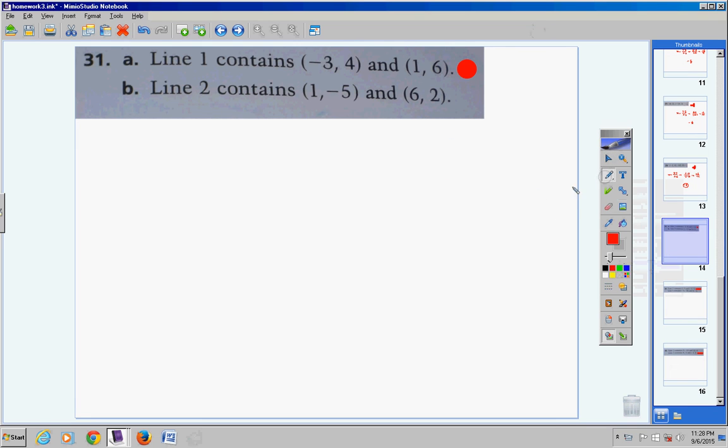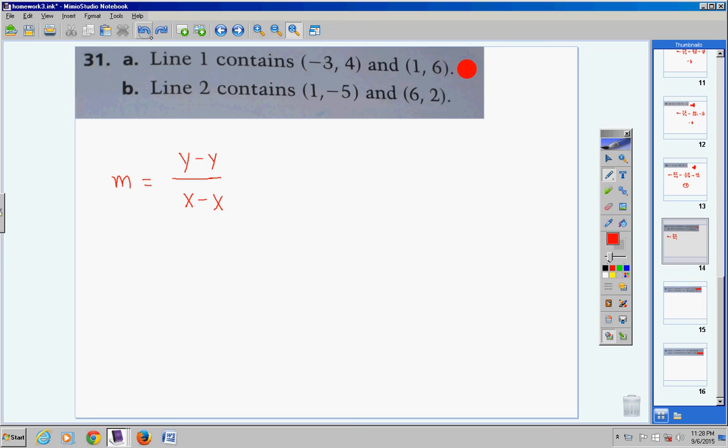The directions say which line is steeper. Well, guys, this is really easy to do. Watch this, please. We're going to start off with letter A. We're going to start with these 2 points right here. Let's find the slope of line A, or line 1.